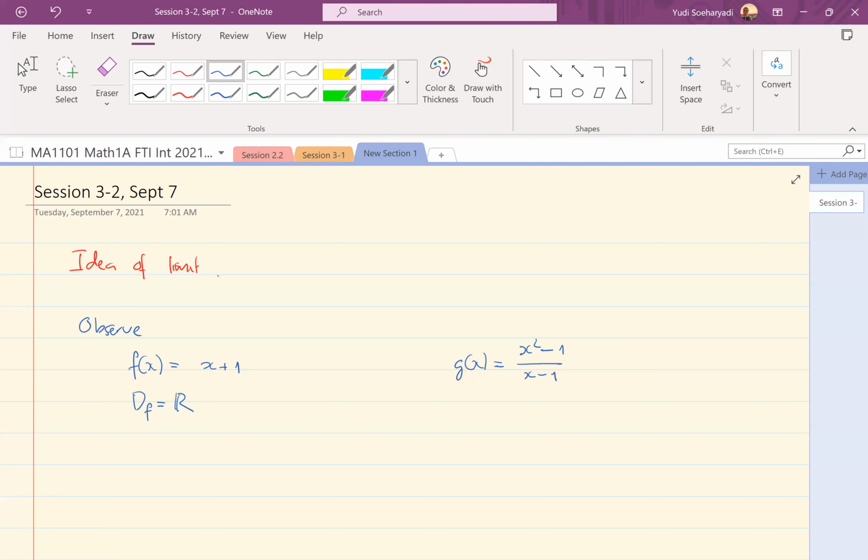Okay. So the domain here is: you can put any x except 1. Okay. But if you do some simplifications a bit, that means you can do some factorizations.